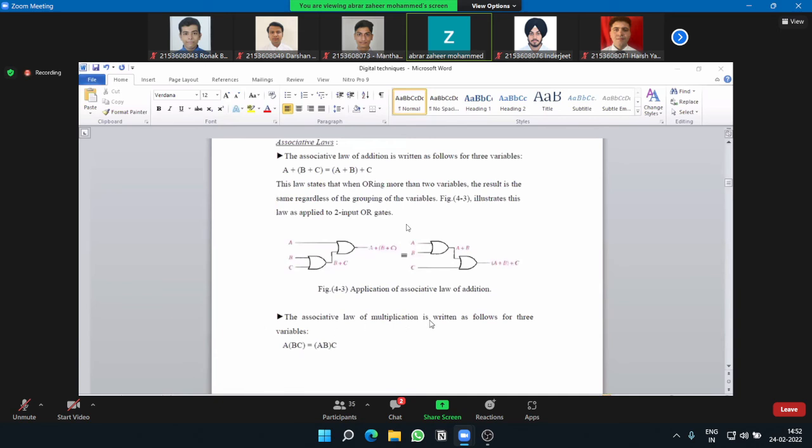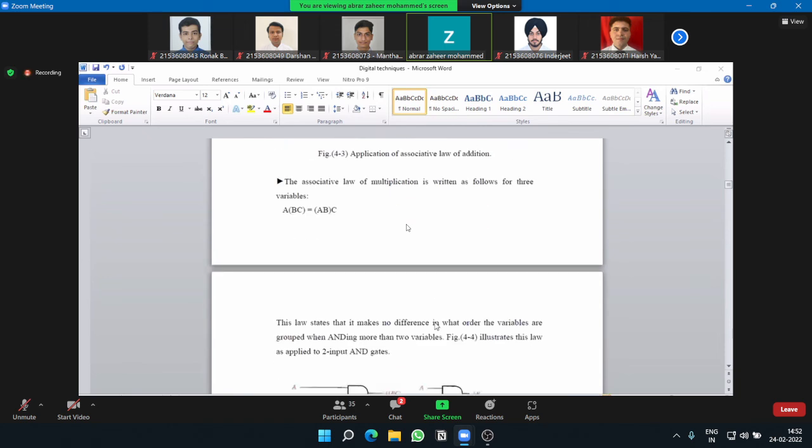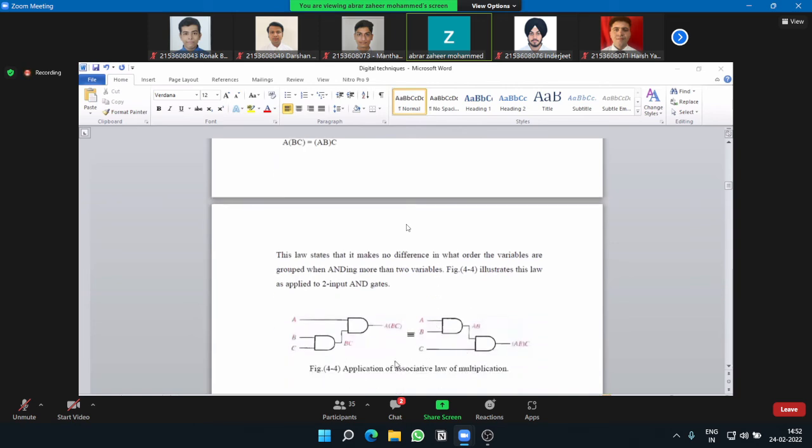Associative law for multiplication is what? A in the bracket B into C is equal to AB in the bracket into C. Here we have seen by using the logic circuit.